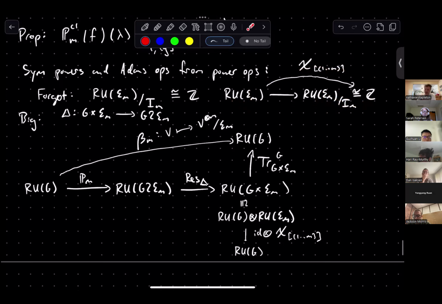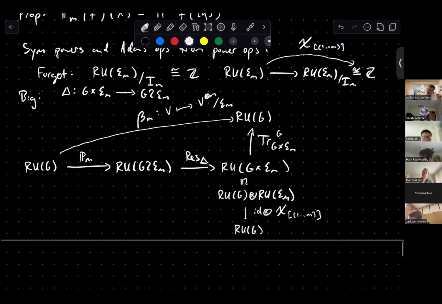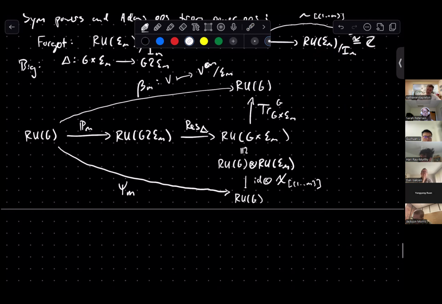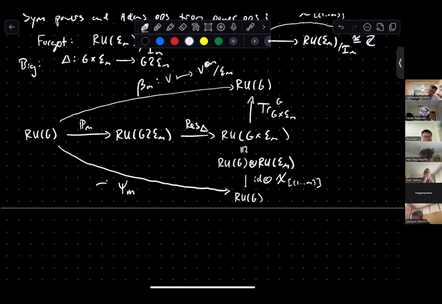In fact, that's exactly what it is. So the operation that I get through this composite right here is additive. And in fact, it's the mth Adams operation. That's what we get. And it's a ring map. So it's both multiplicative and additive.